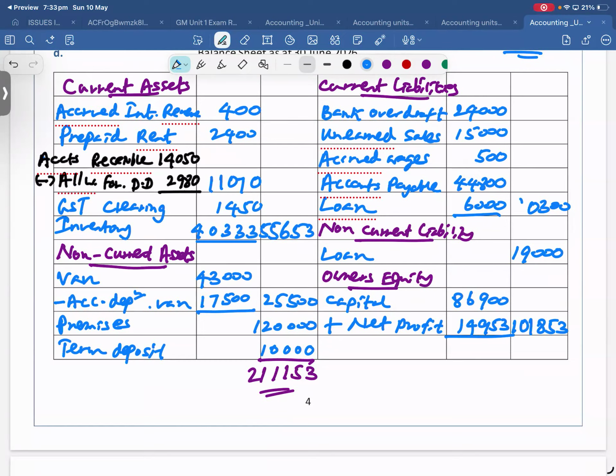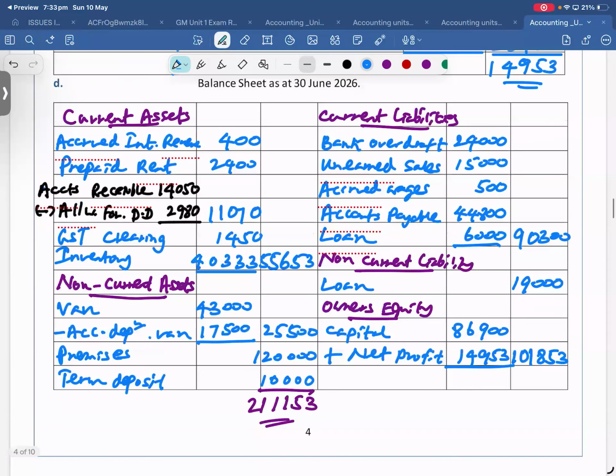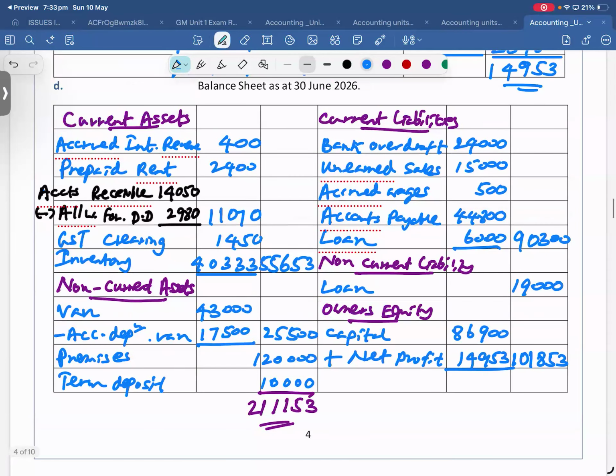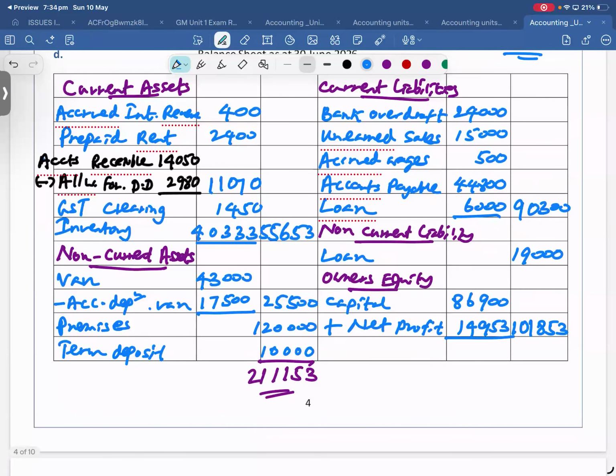Wait, how are you getting 211,000? You had the last column in the assets. Oh, yeah. More off by 10. Oh, yeah. Yeah, should work. Yeah, 211,153 balance.